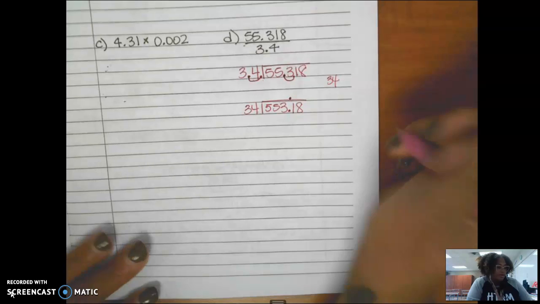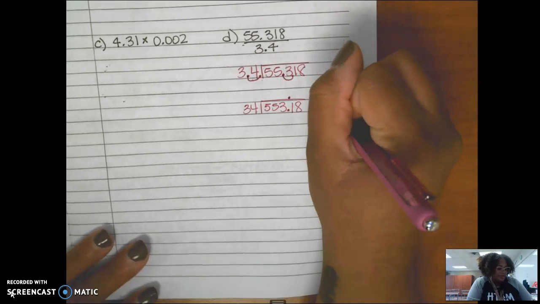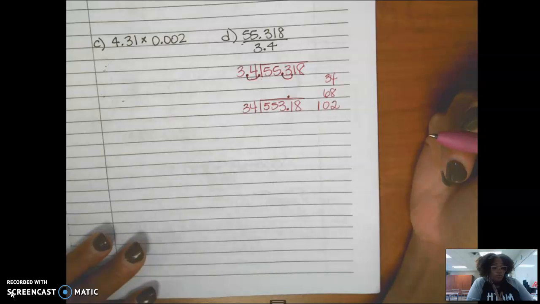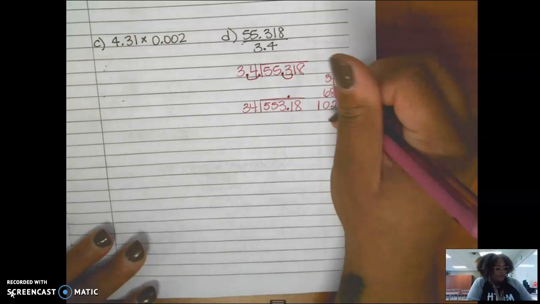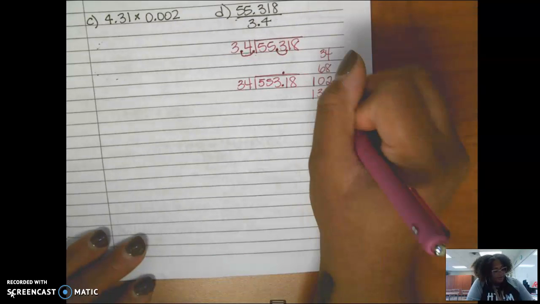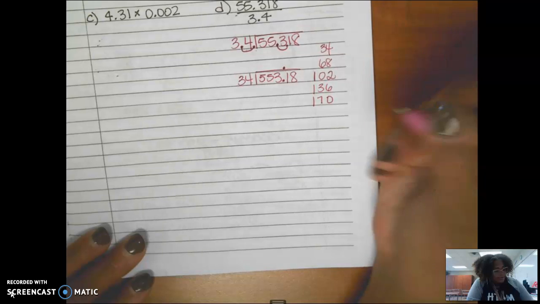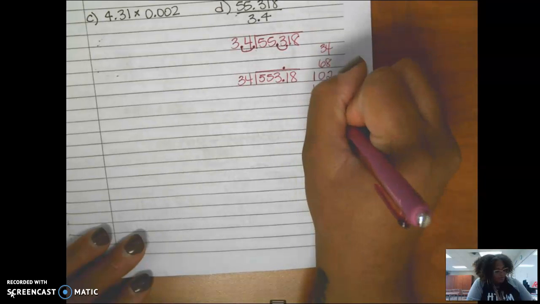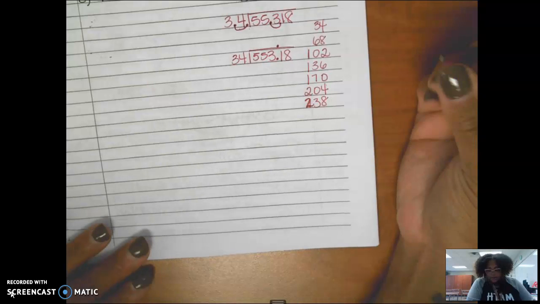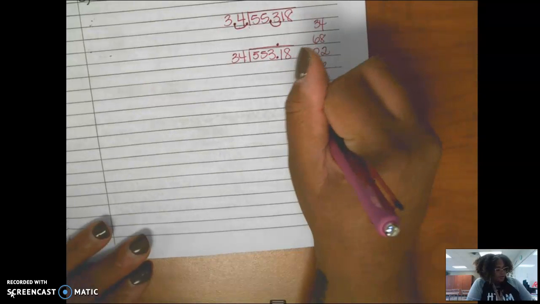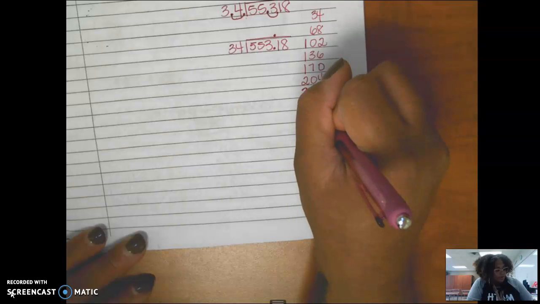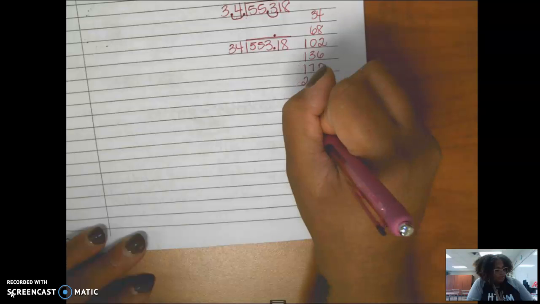So 34 plus 34, this is the first multiple, the next one is 68, 102. 8 plus 4 is 12, carry the 1, that's 10, plus another 34 is 136, plus another 34, 170, plus another 34 is 204, plus another 34 is 238, plus another 34 is 272, plus another 34 is 306.